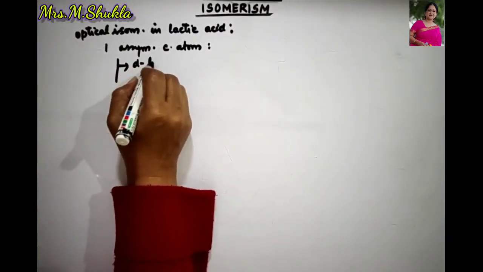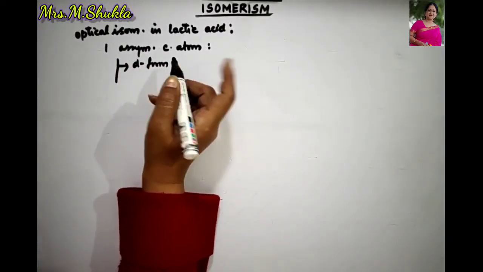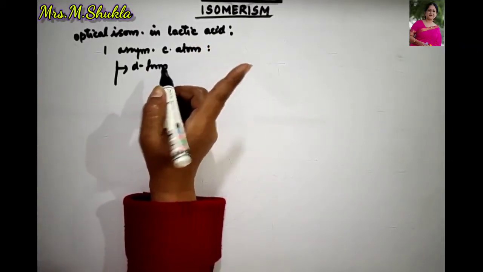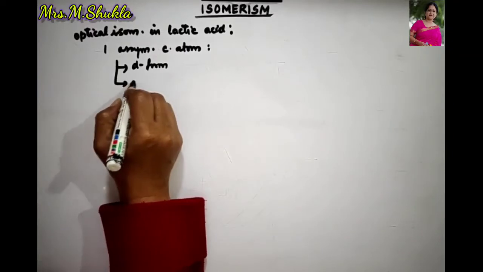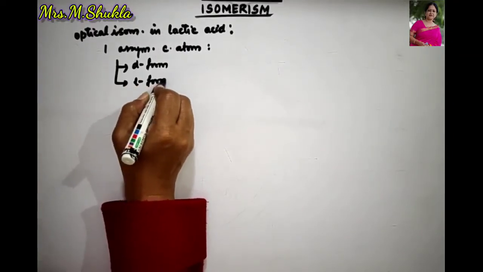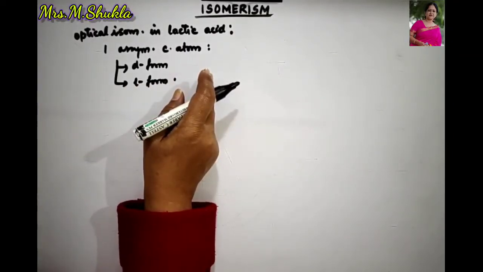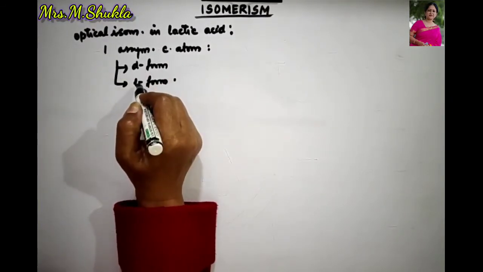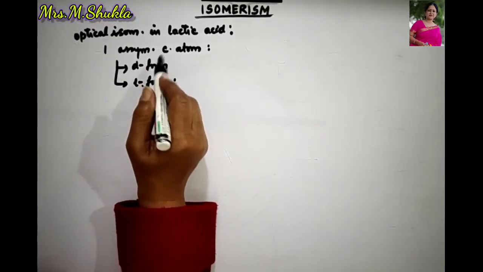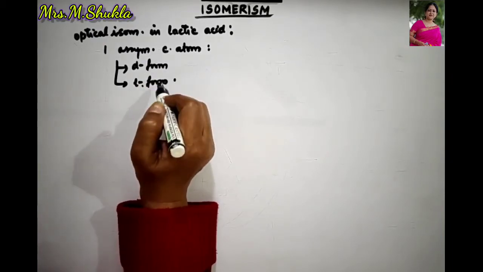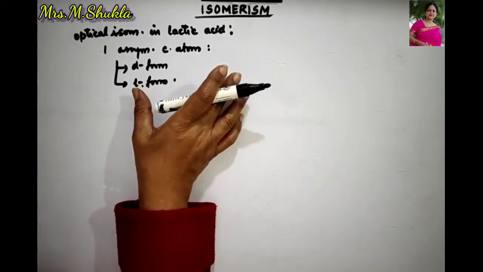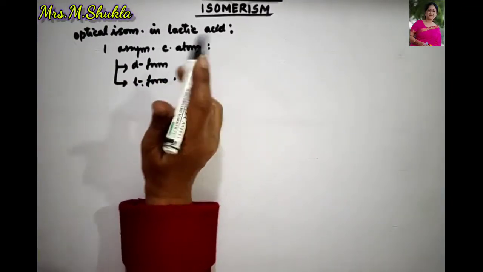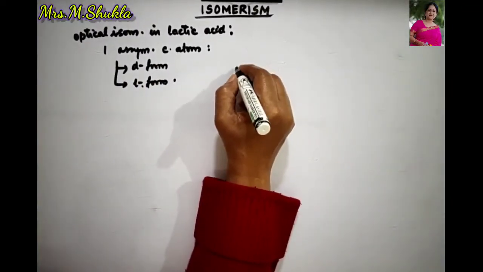One is your D form, dextrorotatory, that means it rotates the plane polarized light in the clockwise direction. And next is your L form, that is it rotates the plane polarized light to the anti-clockwise direction. And when D form and L form are mixed in equimolecular proportion, then racemic form is obtained, which is optically inactive.